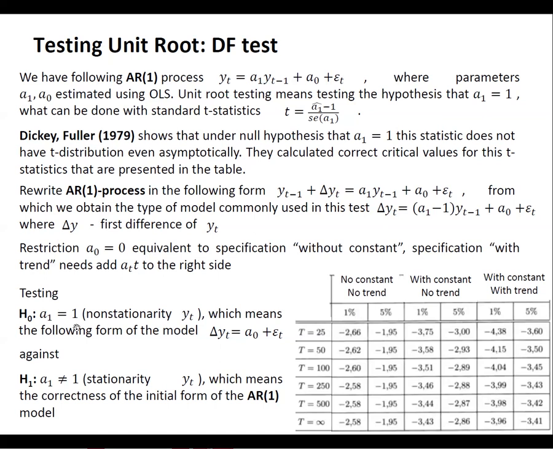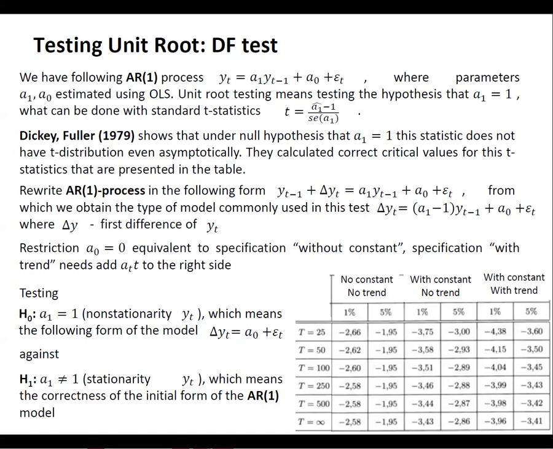In this case, we only get A0 on the first differences. That is, an AR0 model arises on the first differences. We test it against the alternative hypothesis that A1 is not equal to 1, which means that yt is stationary. This means that the original AR1 model is correct.